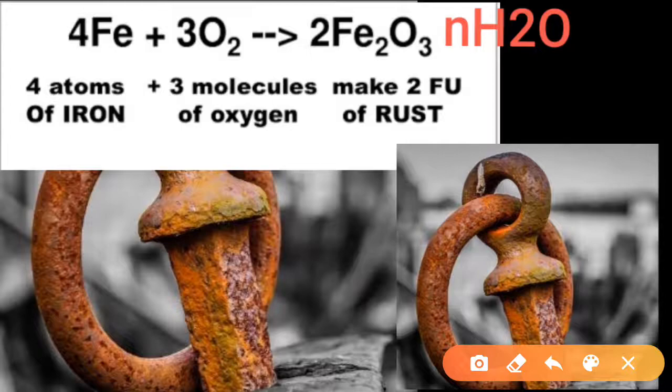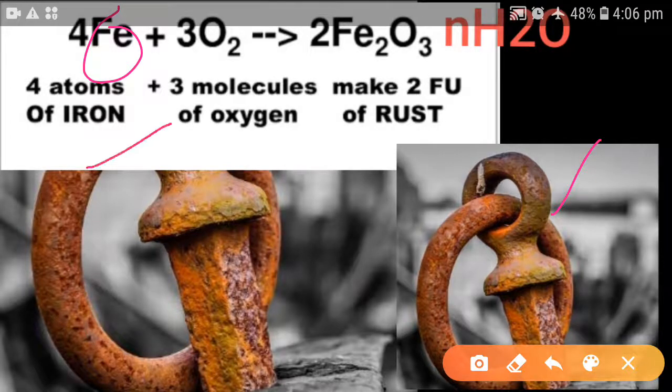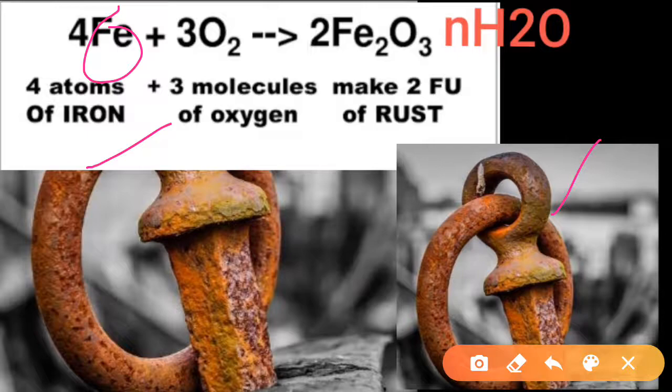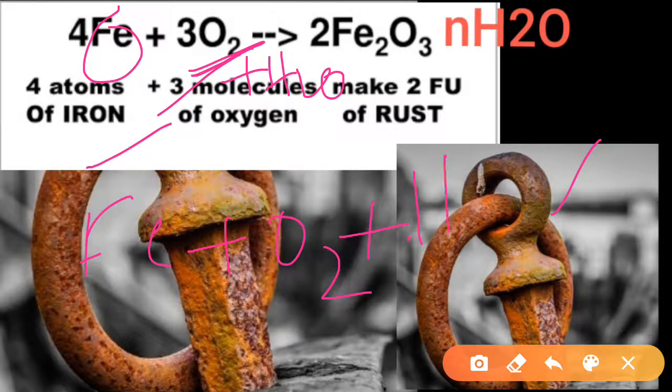The next one, rusting of iron. Iron means Fe. Here I am taking 4 atoms of iron, and iron reacts with oxygen and also water: Fe plus O2 plus H2O.